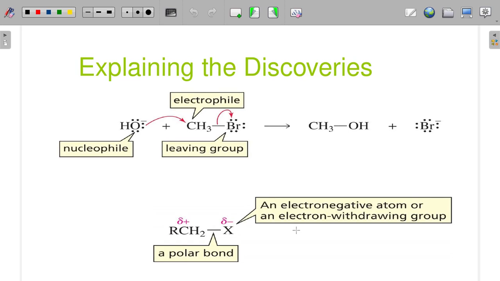Okay, so to understand what our discoveries tell us about how this collision happens, we're going to look at a few things. So let's remind ourselves of our terminology. We are talking about the nucleophile, OH in this case, attacking the electrophilic carbon, causing the bromine to leave with the electrons.